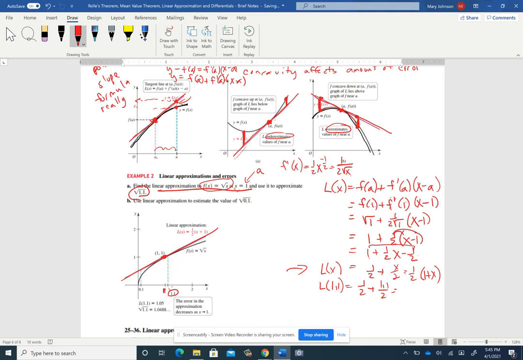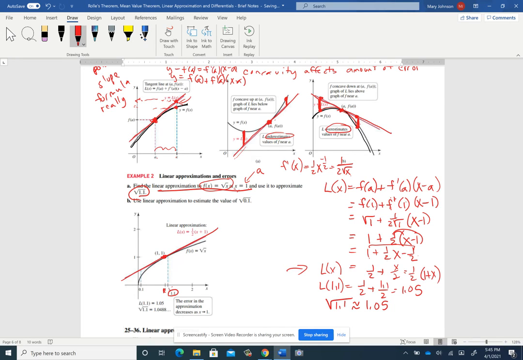So you do 1/2 plus the 1.1 divided by 2, and you wind up with 1.05. So what we're claiming then is that the square root of 1.1 is about 1.05.